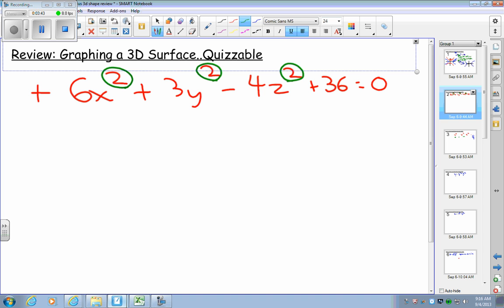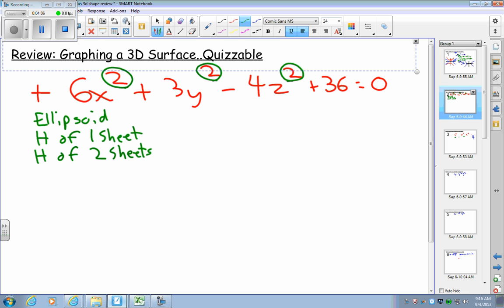So the possible shapes, because those are squared, are the ellipsoid, the hyperboloid of one sheet, the hyperboloid of two sheets, and an elliptical cone.